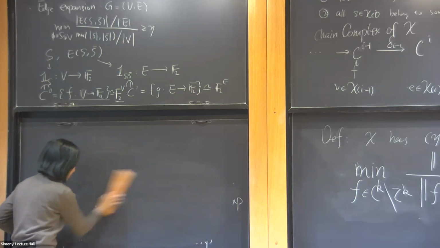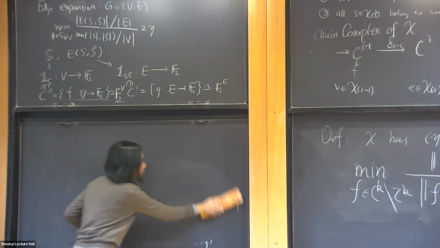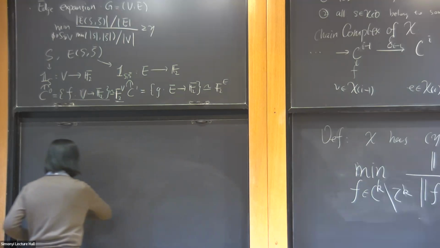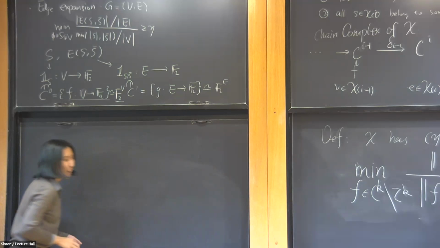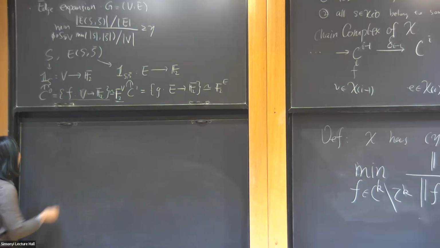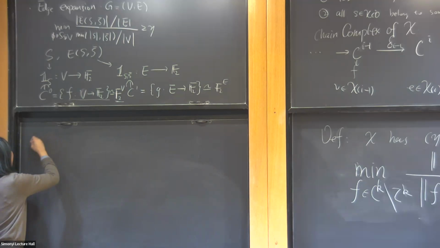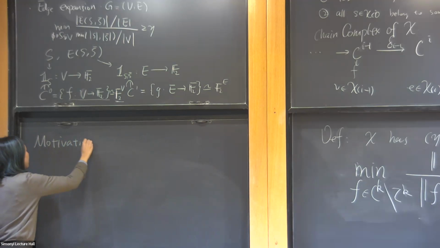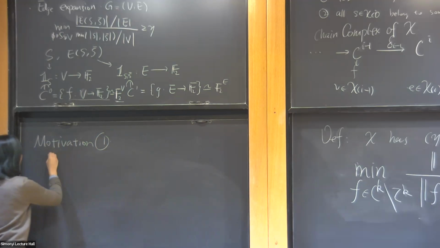The first one is about locally testable codes, which I think Zev already figured out, but I will still have it here. Motivation number 1: locally testable codes.